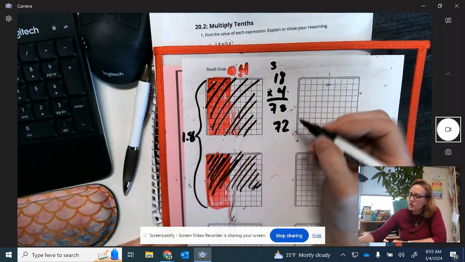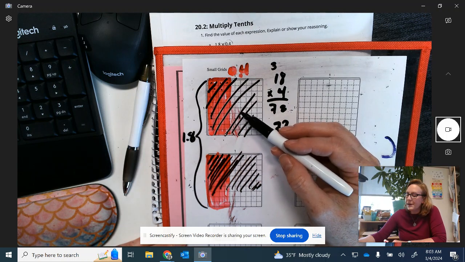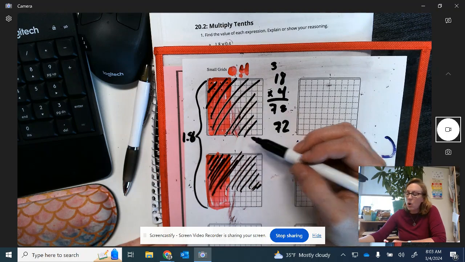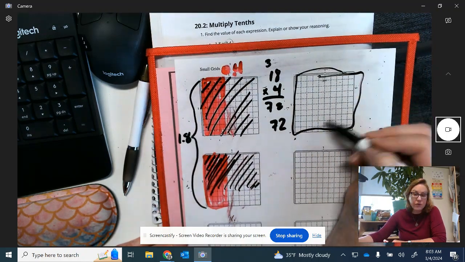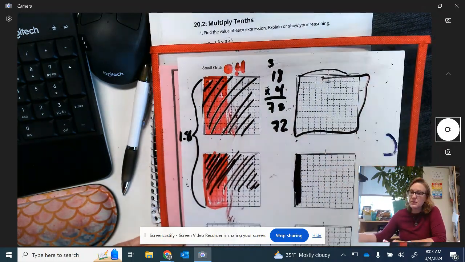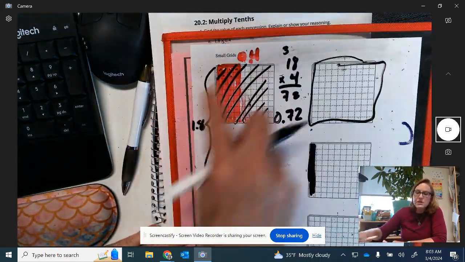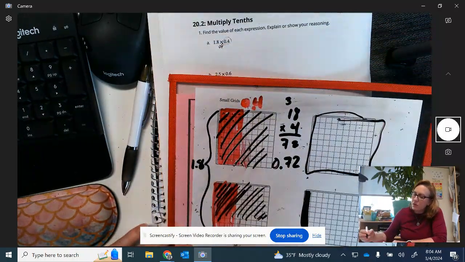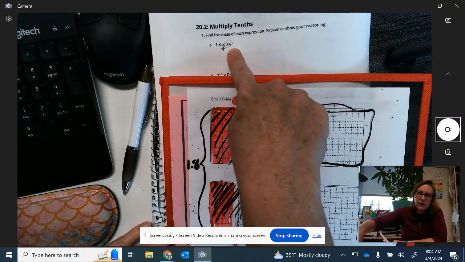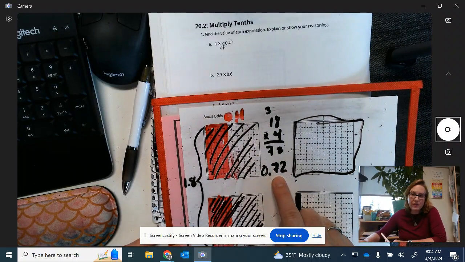So 72 are colored in. 72 what? 72 tenths, 72 wholes? Remember, this whole thing is one whole. Are there 72 of these colored in? No, because those are tenths. It's 72 hundredths. So by using the model, 1 8/10 of 4/10 equals 72 hundredths.